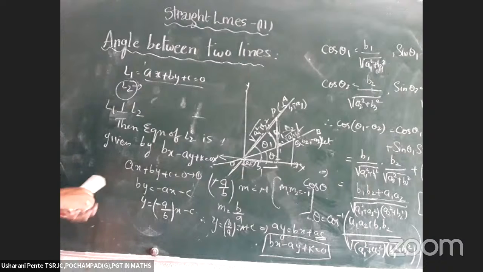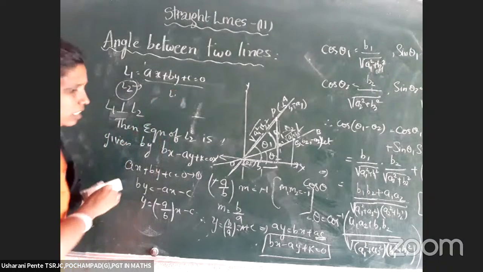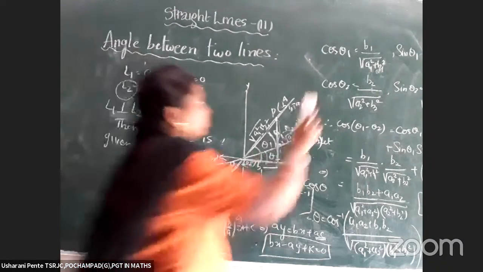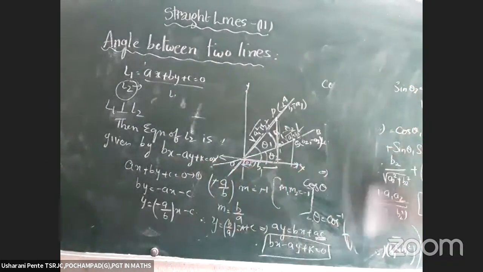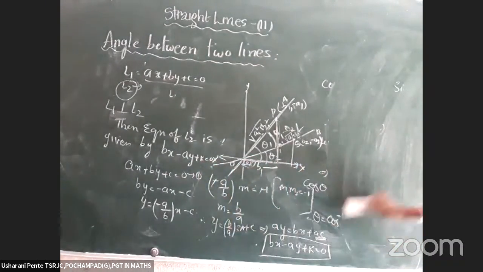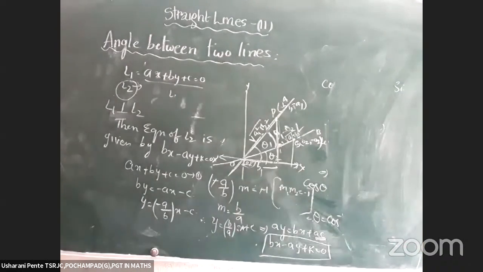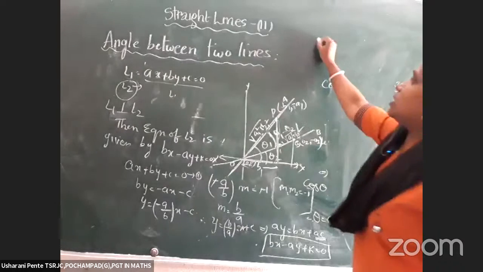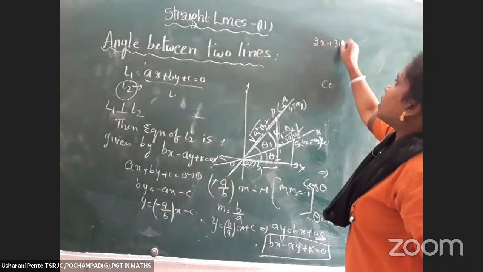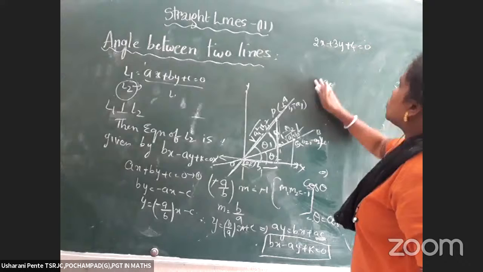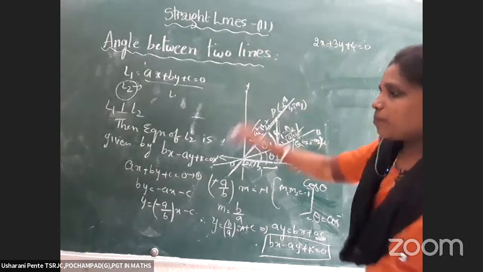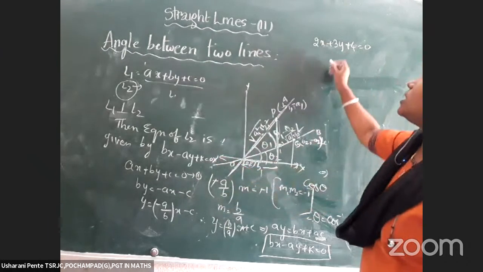Suppose we take an equation, let's say 2x plus 3y plus 4 is equal to 0. Then the line perpendicular to this line is given by what?